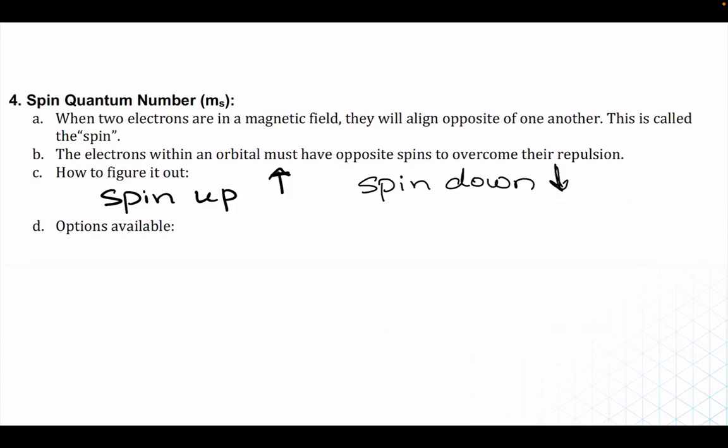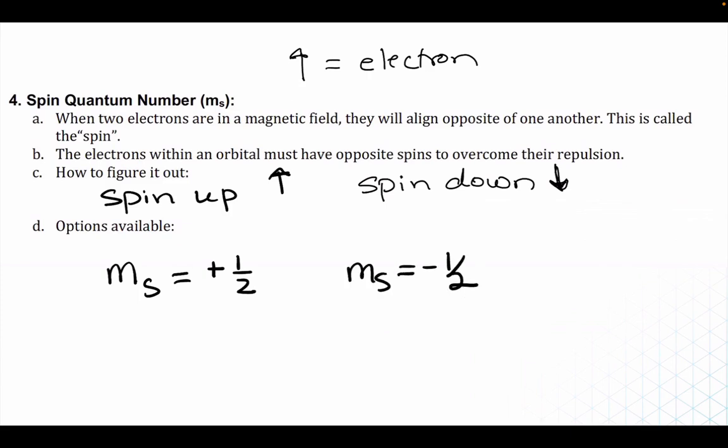Again, each arrow means an electron, and the direction is the spin. So the value of the spin quantum number is either positive 1/2 if it's spinning up, or negative 1/2 if it's spinning down.